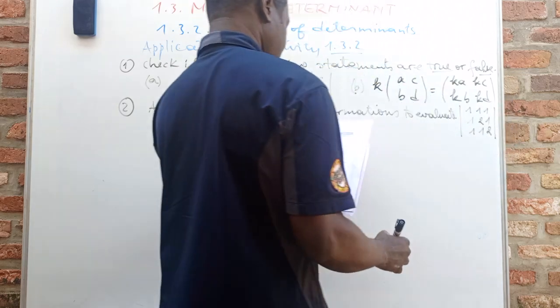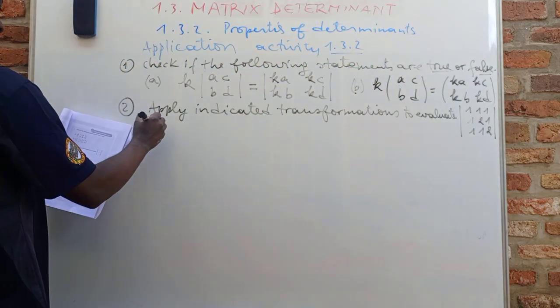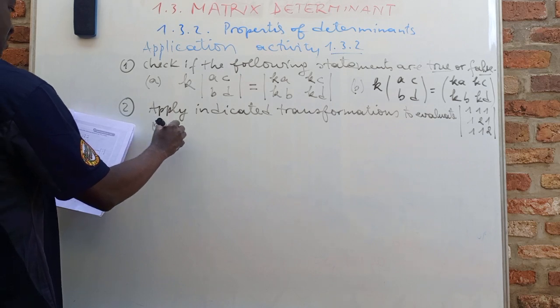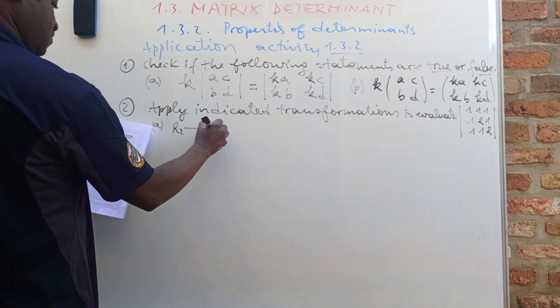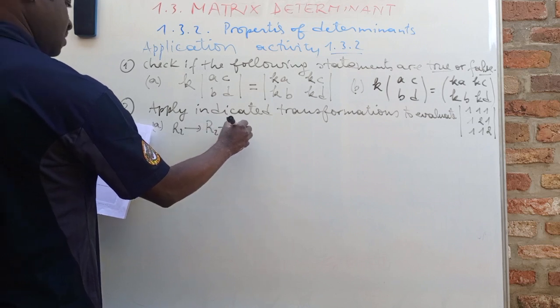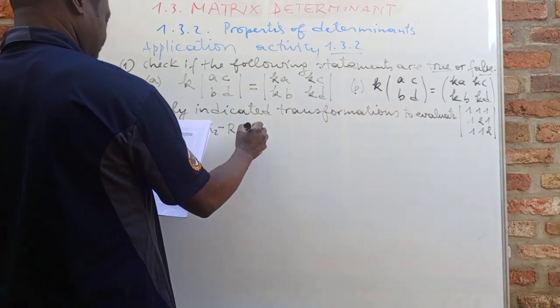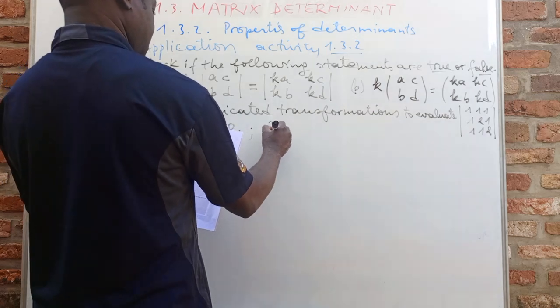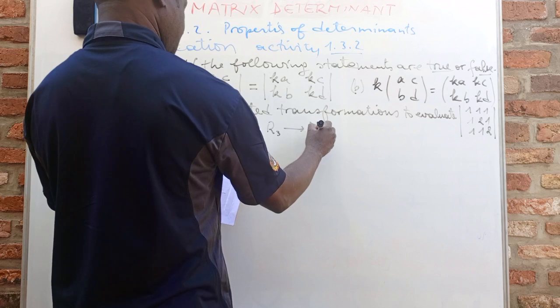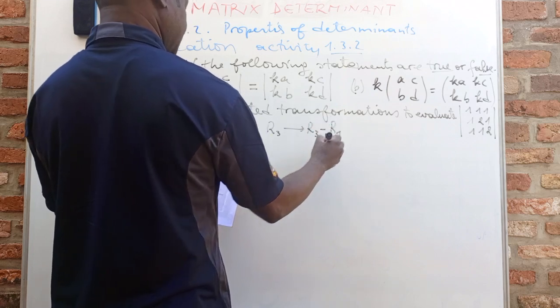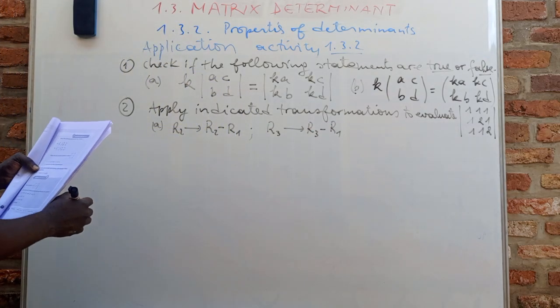By using this transformation, row 2 is replaced by row 2 minus row 1, and row 3 is replaced by row 3 minus row 1. Okay.